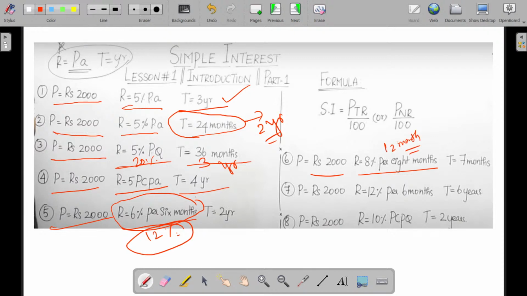The time duration also you have to make 1 year. Then for 6 months, it should be 12 percent per annum.